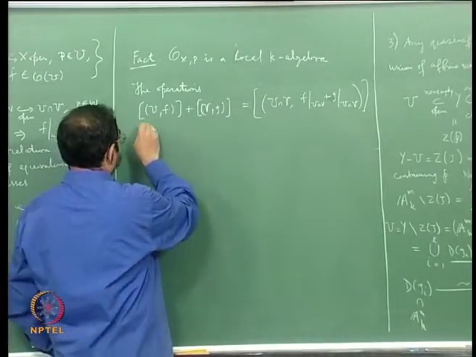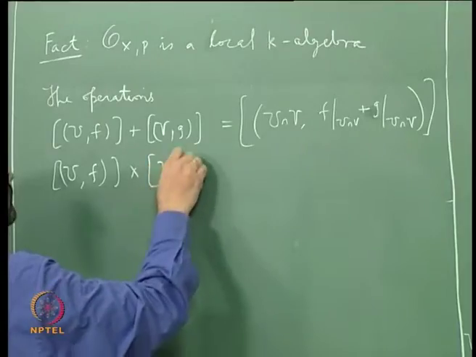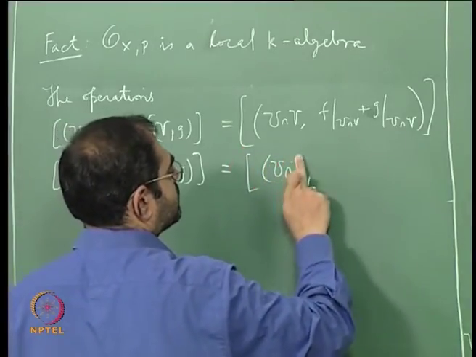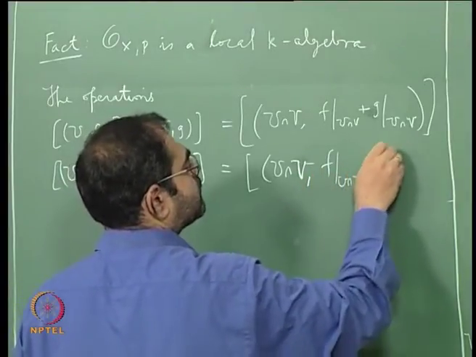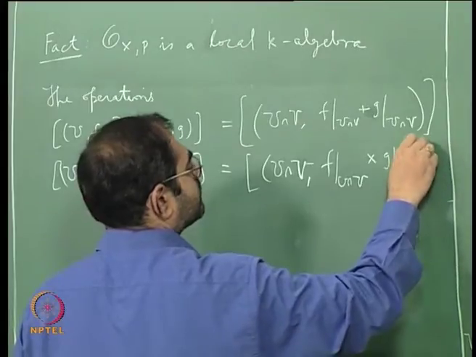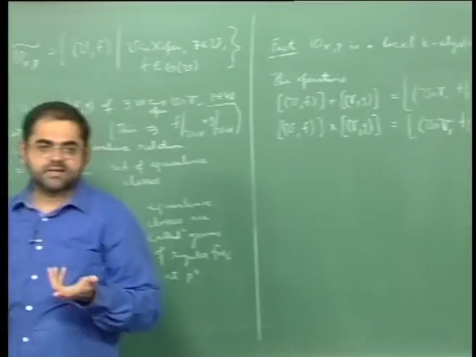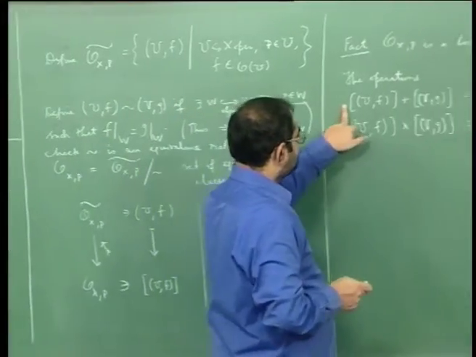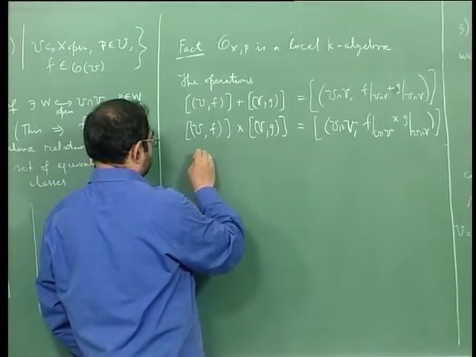Then I can define multiplication the same way. I simply restrict and multiply on the intersection. Since I am defining these operations on equivalence classes, you can check that they are well defined. So this is my addition, this is my multiplication.